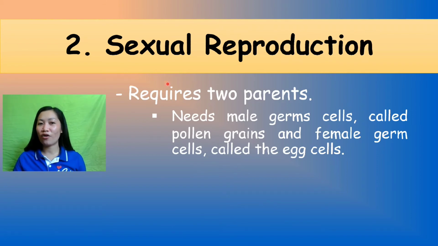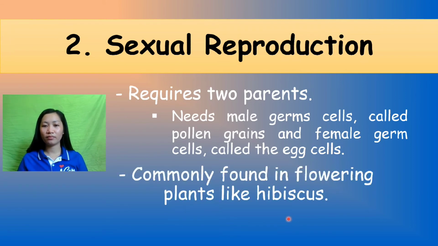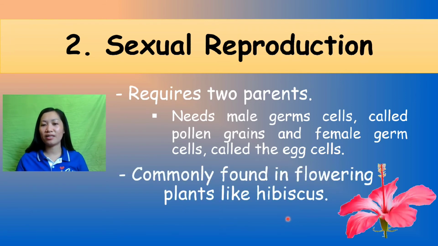This sexual reproduction is common for flowering plants, those plants that have flowers, like for example the hibiscus. They are using sexual reproduction.